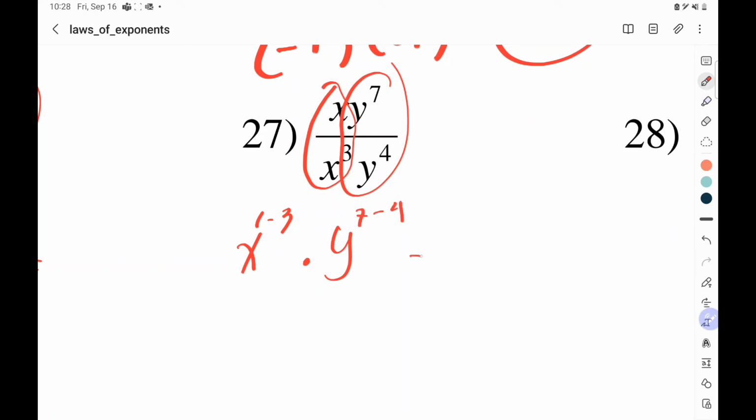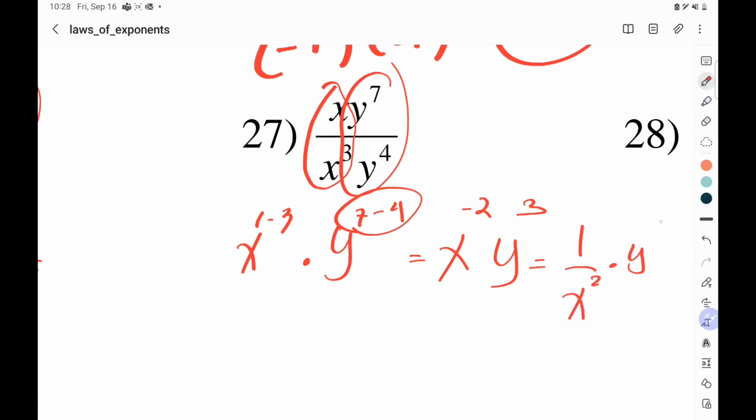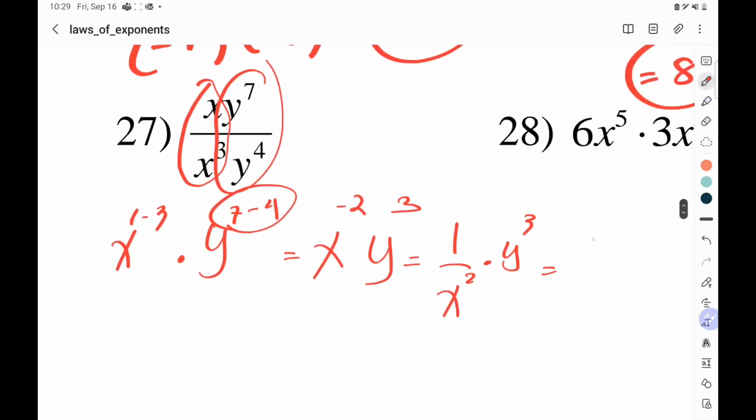So 1 minus 3 is equal to x to the power of negative 2, and then y to the power of positive 3. So we have a negative exponent there. So what we will have to do here is find the reciprocal. That becomes 1 over x squared times y cubed. So we're going to multiply that. So we have y cubed over x squared.